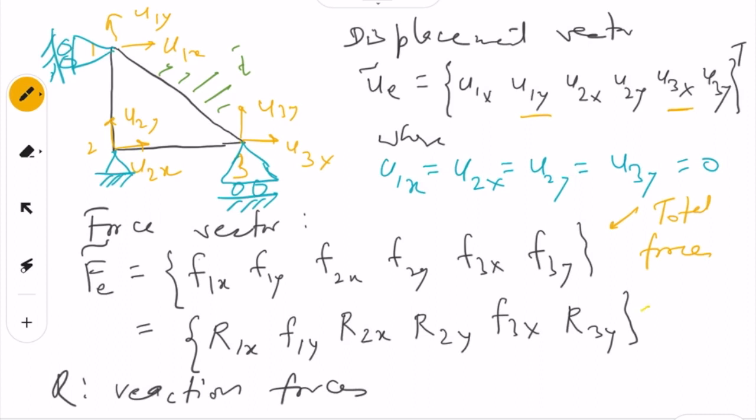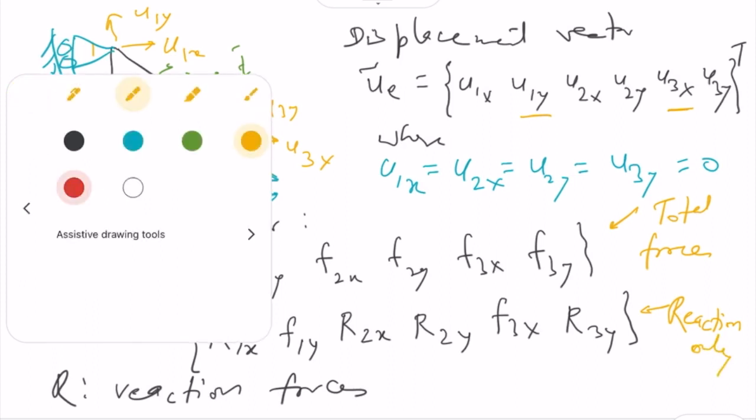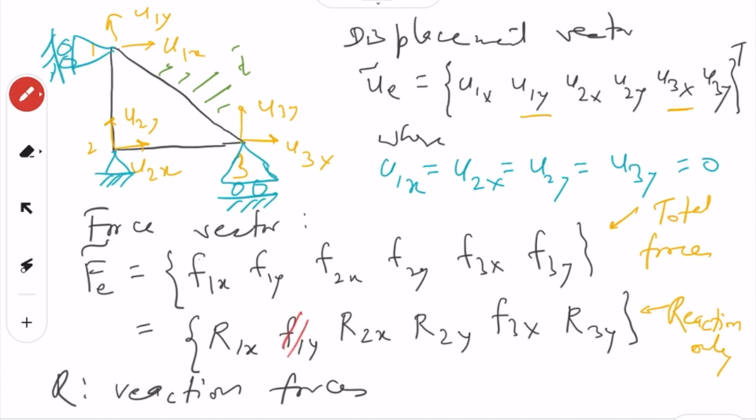So, this is just the reaction only. If that is the reaction only, then let us remove this one. So, let us make 0 here, 0 reaction.